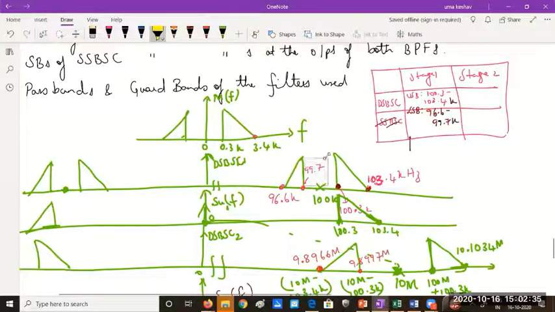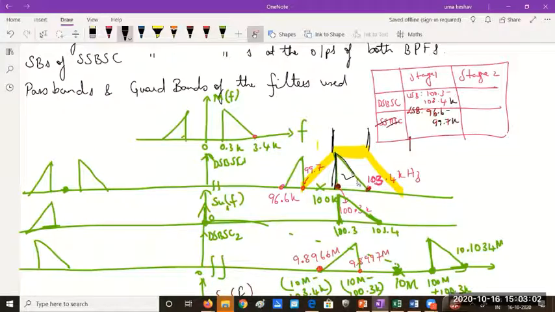See, if I consider the filter like this should be the filter. So if I consider the filter like this, the range from here to here, which should pass this sideband completely.